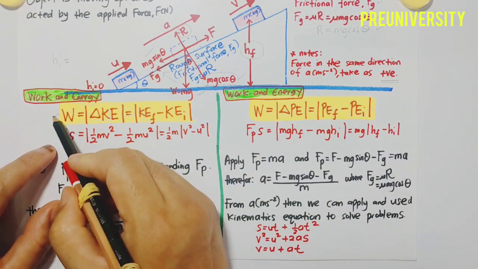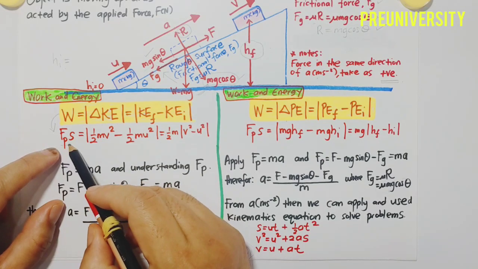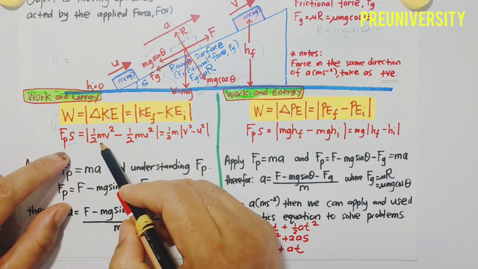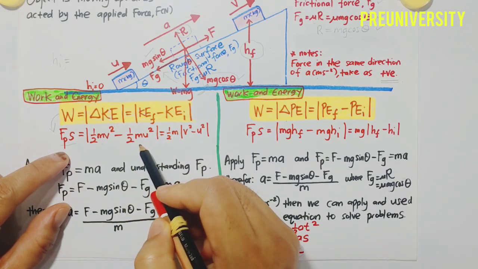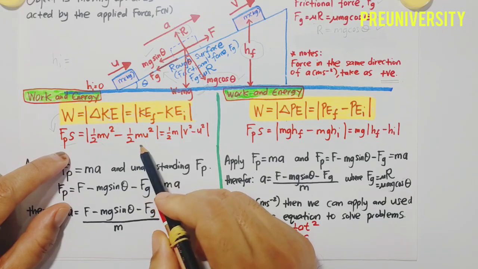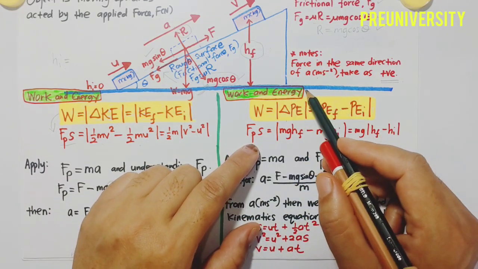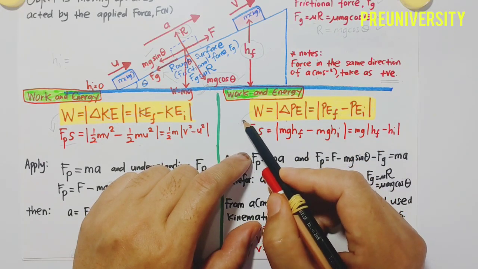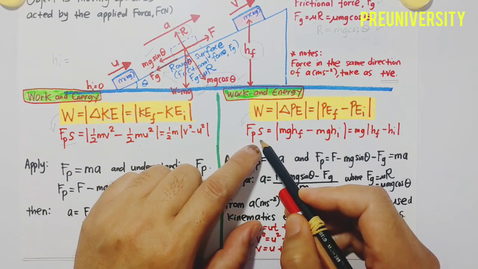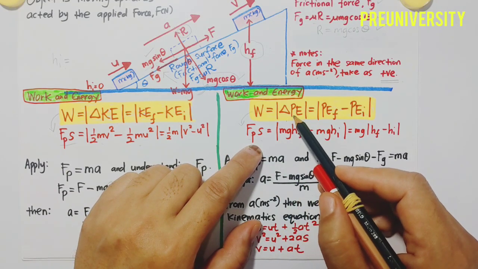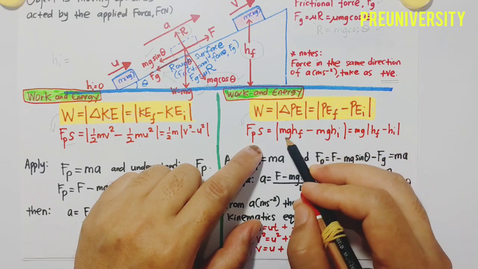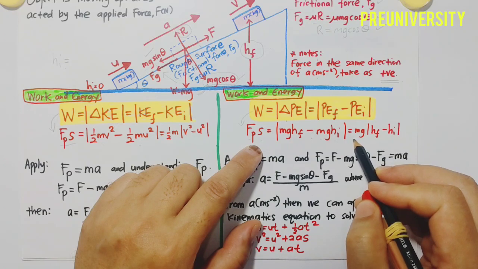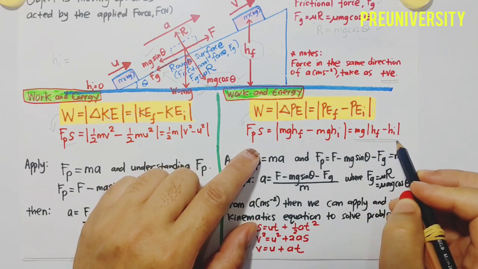Work is the resultant force times the displacement, equal to the change in kinetic energy, final minus initial. For the gravitational potential energy, work is the resultant force times the displacement, equal to the change in potential energy, mgh final minus mgh initial. We can manipulate this to get the equation.